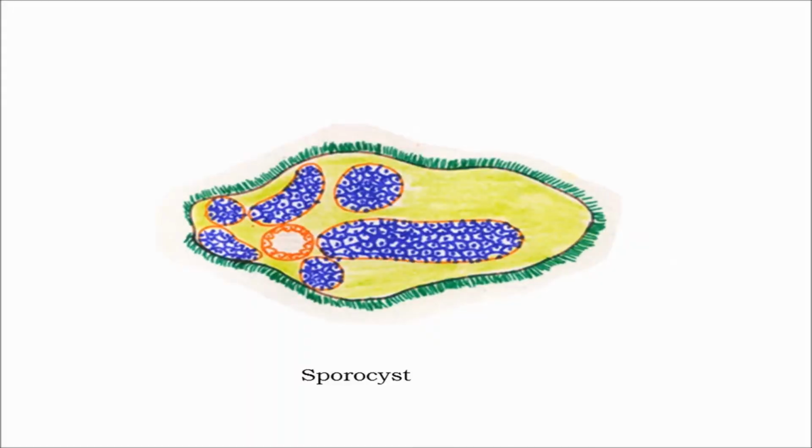The Miracidium larva then develops into a sporocyst. Inside this sporocyst, the cells start developing or modifying themselves into tiny larval stages. This sporocyst gradually develops into Redia.